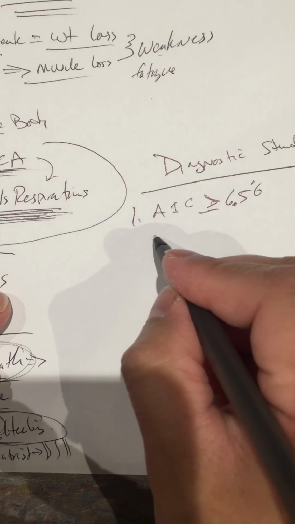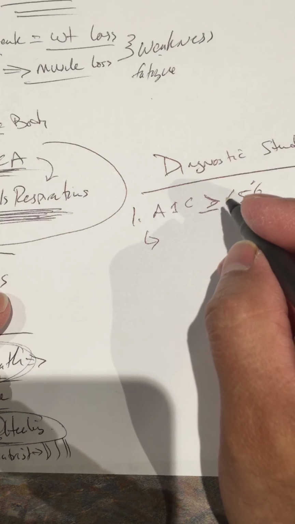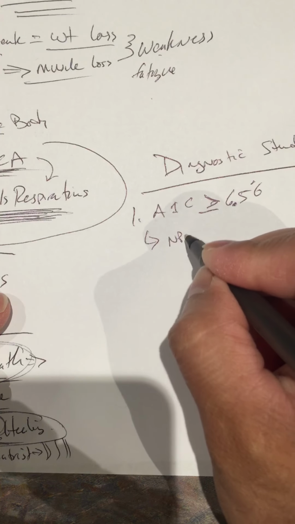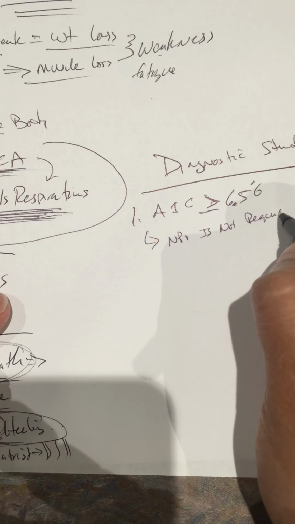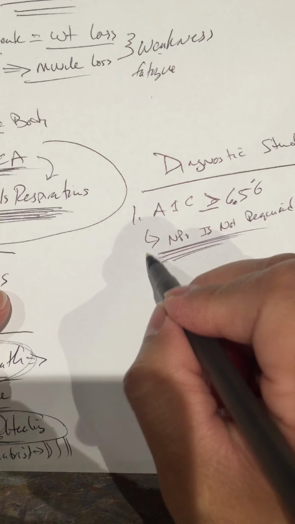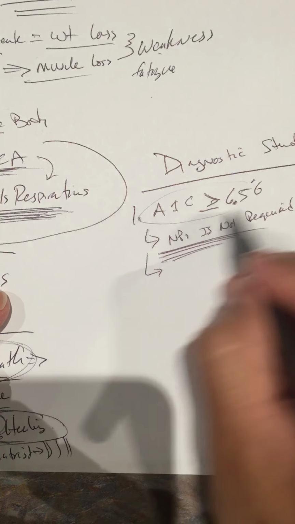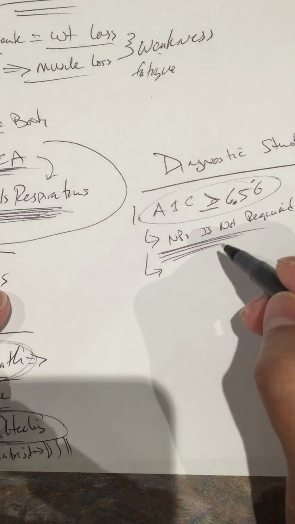Okay. Now remember that for the A1C, they do not need to be fasting. So again, NPO is not required. So this is very important, okay? And typically, the A1C checks sugar levels for anywhere between 2 to 4 weeks.